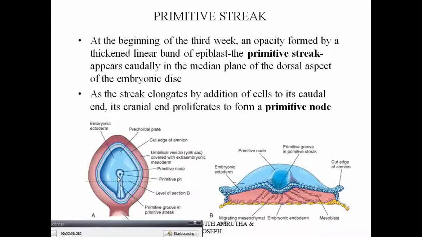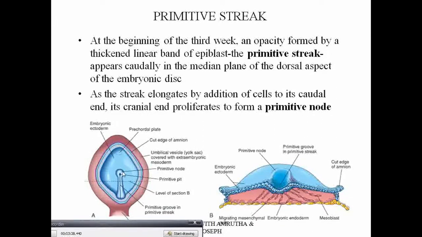It appears caudally in the median plane, mostly towards the caudal aspect. This area is the cranial aspect because the prechordal plate is formed here in the hypoblast. The hypoblast is on the other side and we cannot see that. What we are seeing here is a superior view where you can see the epiblast. So on the dorsal area, the primitive streak appears.